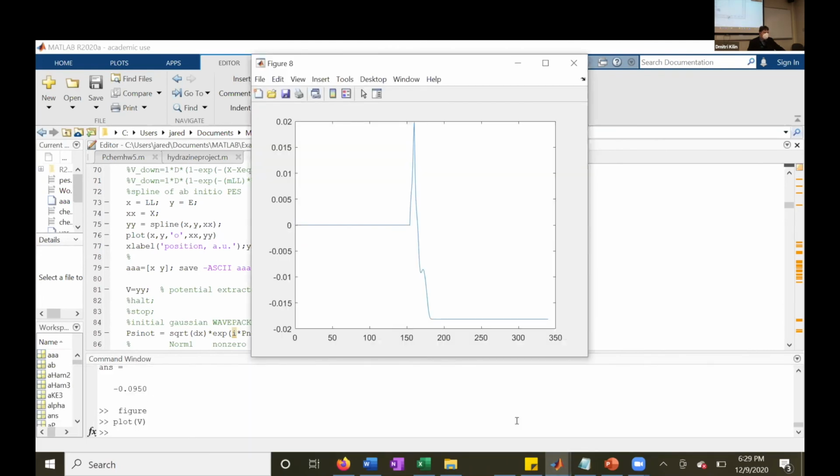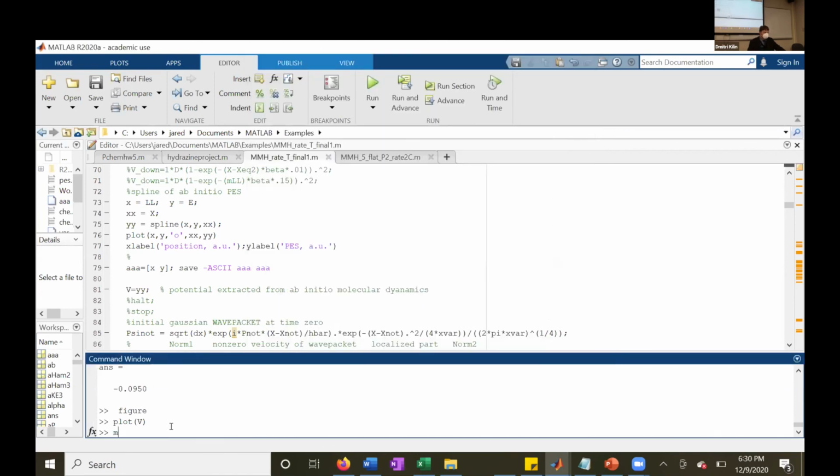Okay. So in atomic units, your barrier energy will be 0.02, from this point to the beginning of 0. If you want a more exact number, in the command line you can type max, comma, V, uppercase V.